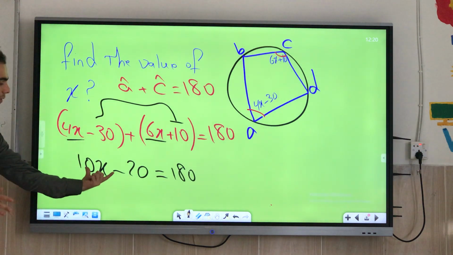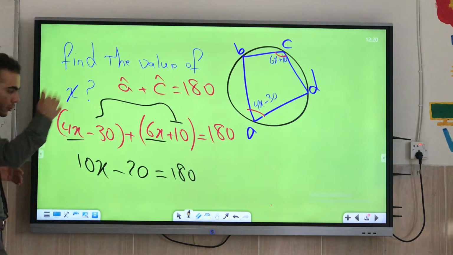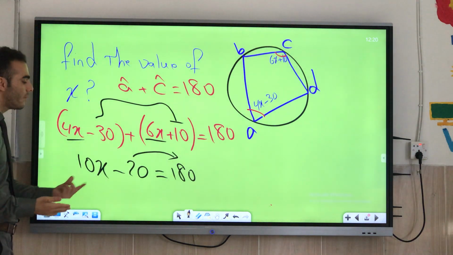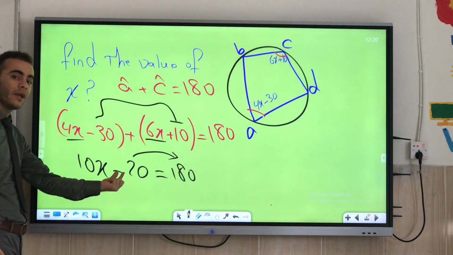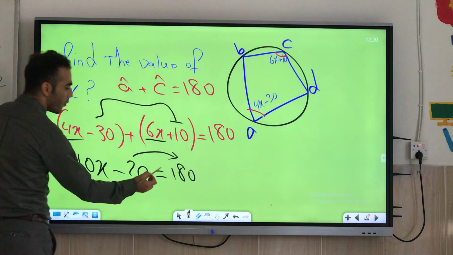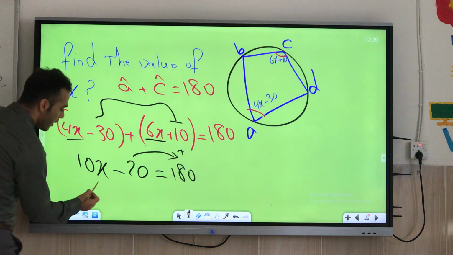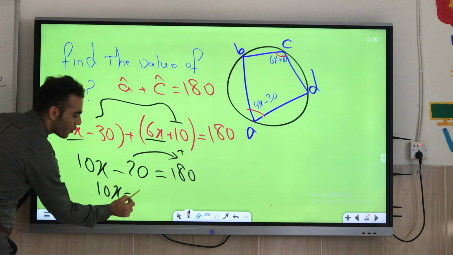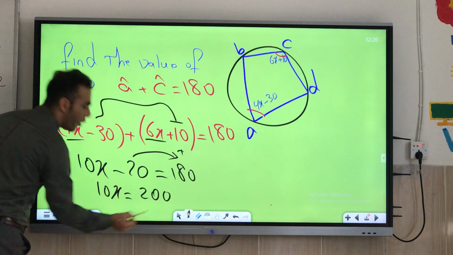Then we have a simple equation: move the number to one side, so negative 20 comes to the other side and becomes positive 20 because we change the sign of a term. 10x is equal to 180 plus 20, which is 200.